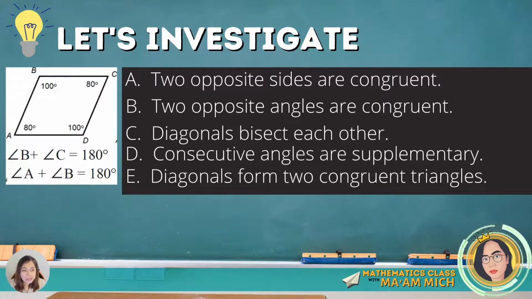Ganon din yung relationship ng angle A at angle B. Is it A, two opposite sides are congruent, B, two opposite angles are congruent, C, diagonals bisect each other, D, consecutive angles are supplementary, E, diagonals form two congruent triangles? Enter your answer on our chat box.